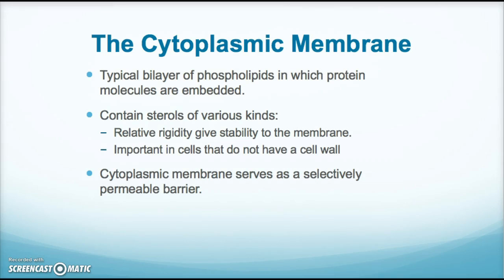In addition, it will have proteins that can be embedded in the layers, and these will often be transport channels or receptors. It also contains sterols, which can help in rigidity and stability of the membrane, and this is really important for those cells that don't have the cell wall. And lastly, it serves as a selectively permeable barrier, letting some things in and keeping other things out, and vice versa.